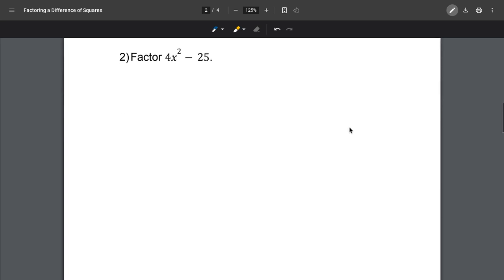Okay, second problem, we're going to factor 4x squared minus 25. Now this one's a little bit more challenging in that we have a 4 as a perfect square and x squared as a perfect square. So the square root of 4x squared would be 2x.